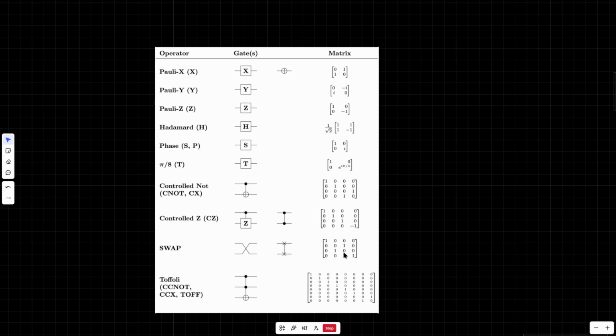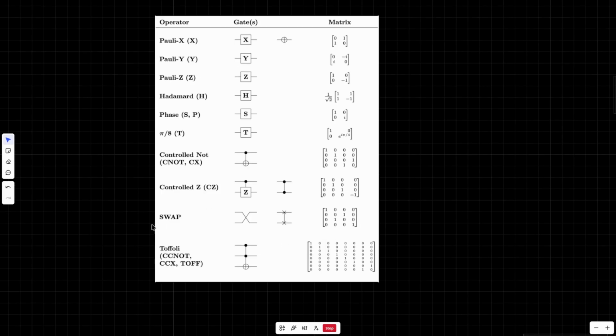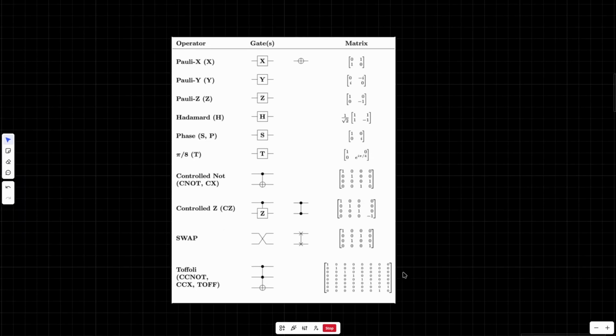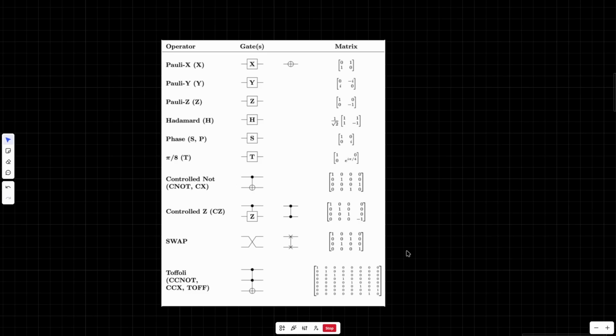For two qubits right here, for CNOT, controlled Z, and swap, this would correspond to two qubits rotating. Not really two qubits rotating, it's more of one, but the presence of the other correlates to the rotation of the other. And the same goes for multiple qubit operators right here.